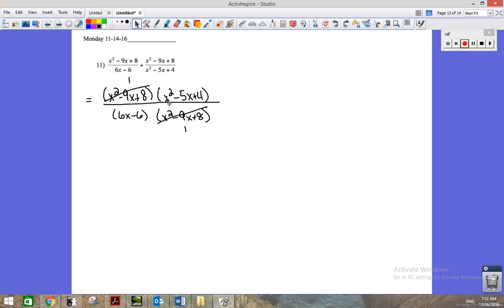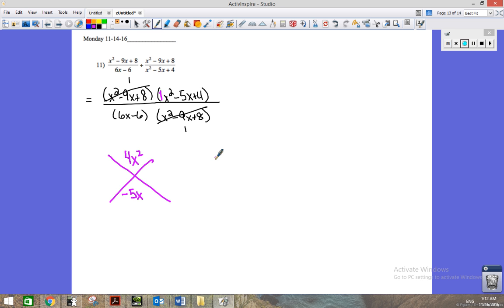This trinomial, x squared minus 5x plus 4, we need to do the x method. So this middle term, negative 5x, and on top of the x, my 1x squared times 4, I need to come up with two numbers that when multiplied together give me this positive 4x squared, and when added give me this negative 5x.